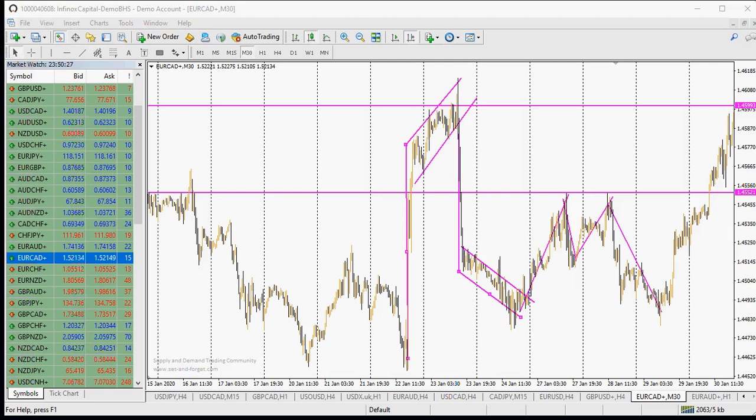This is a double what? Double top. Double top. Beautiful.